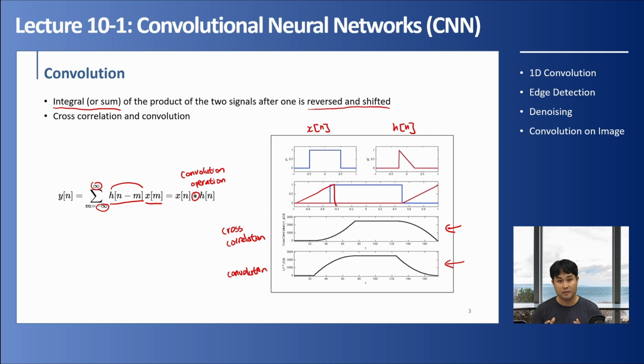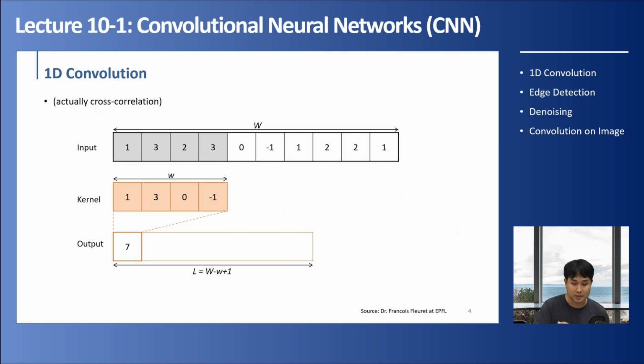Now, both of these, from a signal standpoint, roughly show how one signal affects another. I'll be talking about this in detail later on, but for now, please keep in mind that for both convolution and cross-correlation, the key is that we're doing element-wise multiplication and summation. So if we take a closer look at 1D convolution, and one thing I'd like to clarify is that technically this is cross-correlation because we're not flipping the second signal.